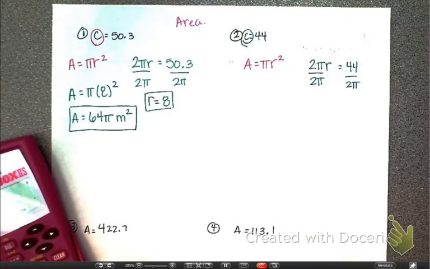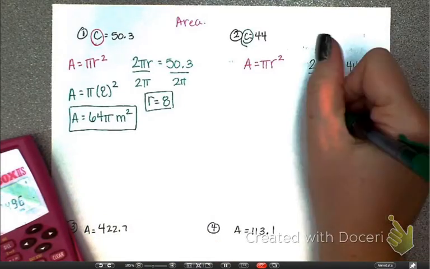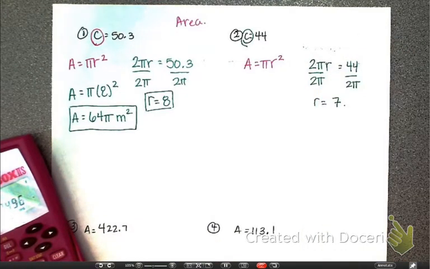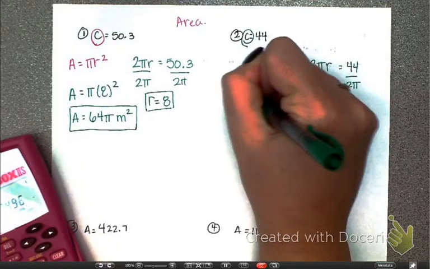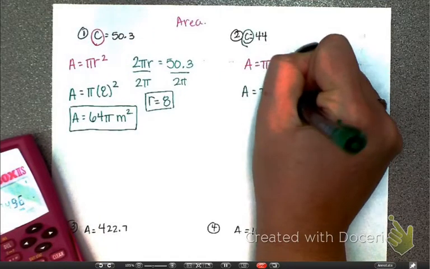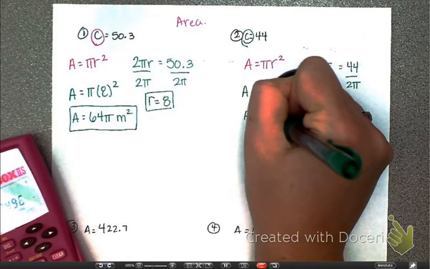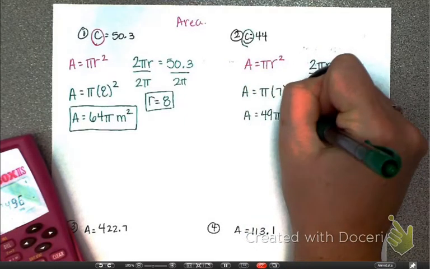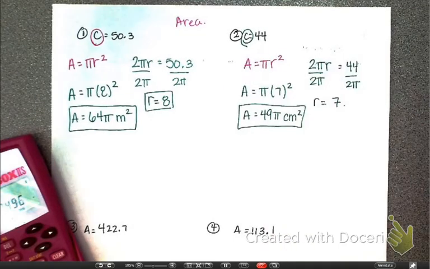So 44 divided by 2 pi gives you 7. Area equals pi times 7 squared, or 49 pi centimeters squared.